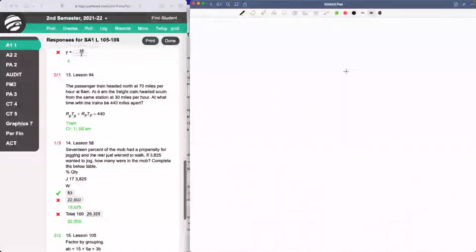So number 13 would be the passenger train headed north at 70 miles per hour at 6 a.m. All right, so we've got this passenger train. He's heading north at 70 miles per hour, so 70 mph, and he left at 6 a.m. Okay, there's our first little thing. At 8 a.m., the freight train headed south from the same station at 30 mph.